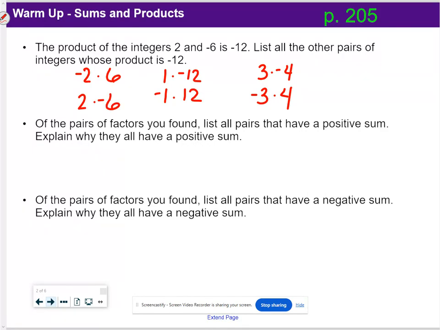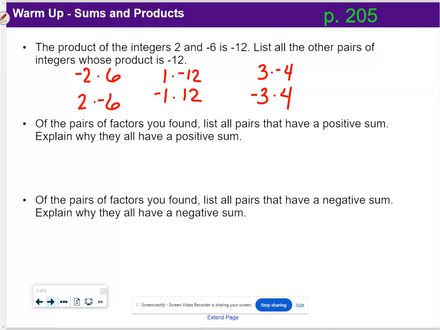All right, so of the pairs of factors that we found, I want to list all of them that give me a positive sum. Now, I wrote these as multiplications because we were looking at products, but now I want to take the pairs of numbers and find the sum of each of those.